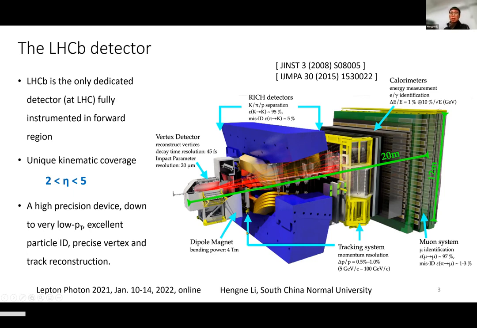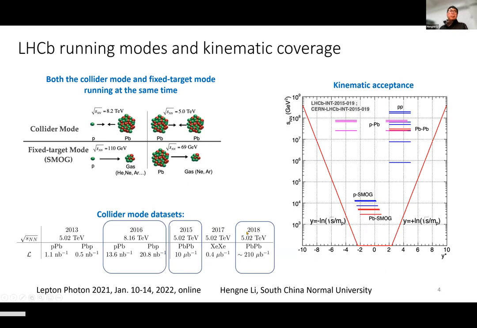and tracking reconstruction. All right, so the LHCb detector is mostly designed for CP violation studies, but it's also good for heavy ion studies. Here we have the collider modes of the proton-lead collisions and lead-lead collisions, and also the fixed target modes, where we inject gases in the interaction point, and the collider beam colliding with each other is also hitting the gases.